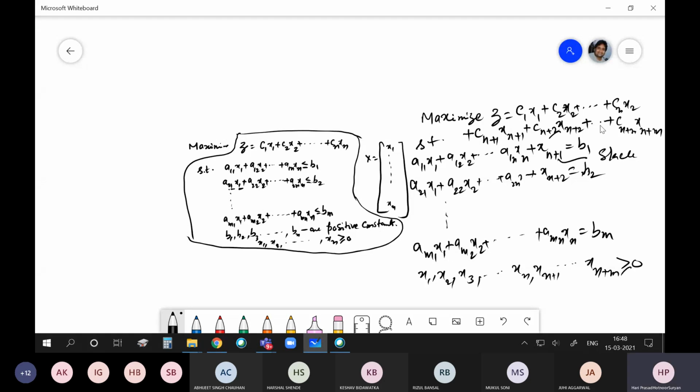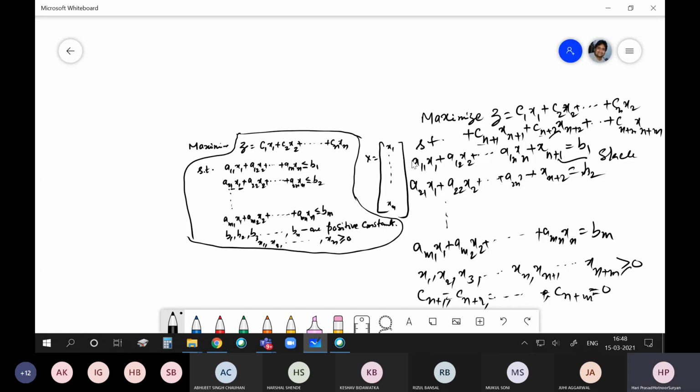Because my original function is only this, if I want to optimize it, they should be 0. So cn plus 1, cn plus 2, up to cn plus m are all equal to 0.